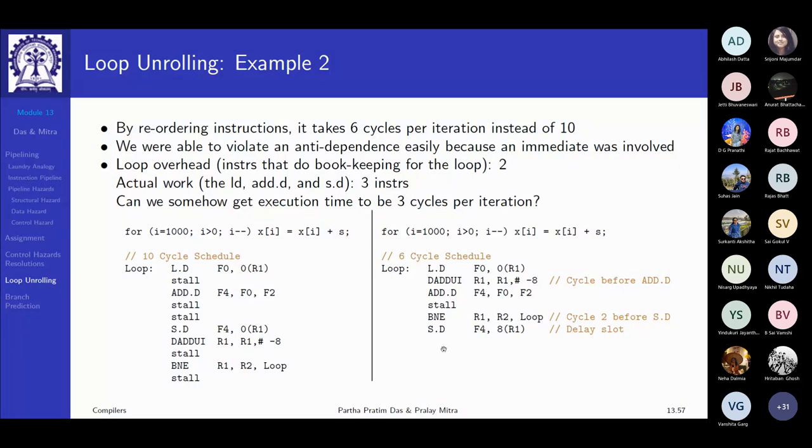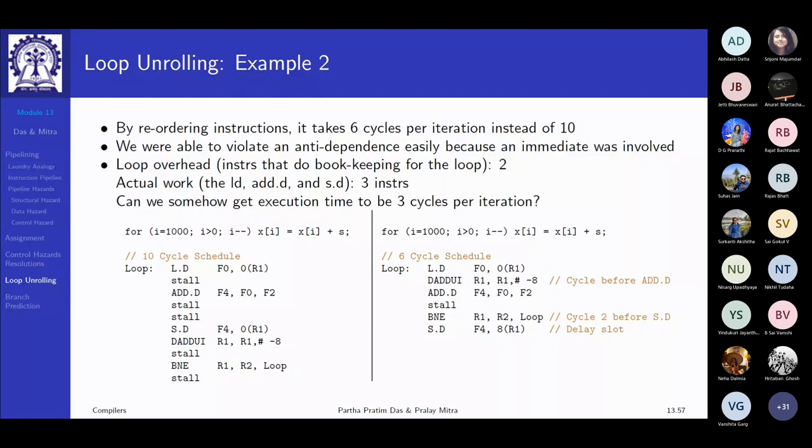So we benefit in two ways. One is the one stall before the store is utilized by the branch, and the other is the delay slot is exploited by the store so that the stall after the branch is also not necessary.